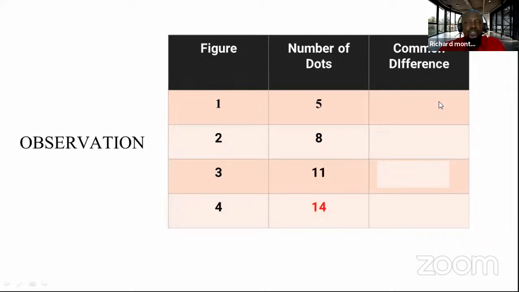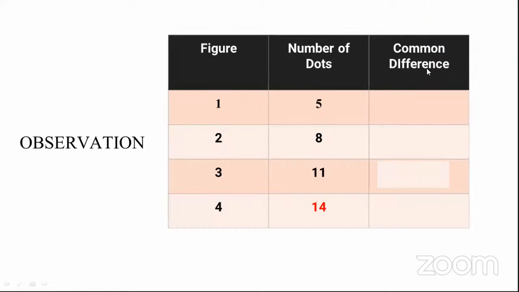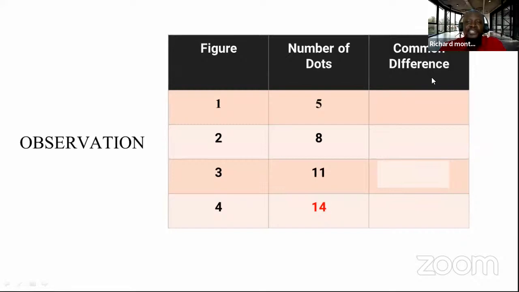Now, I want you to recognize if there is a difference in the number of dots between figure 1 and figure 2. If there exists a difference, what is that difference? All right, so we're seeing that difference coming on. Great. I love the participation that we're getting here. Yes, so I'm seeing a person saying 3. Great. All right, so there's a difference of 3 between figure 1 and 2.